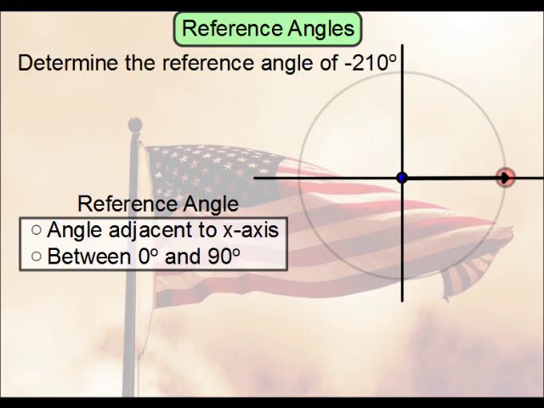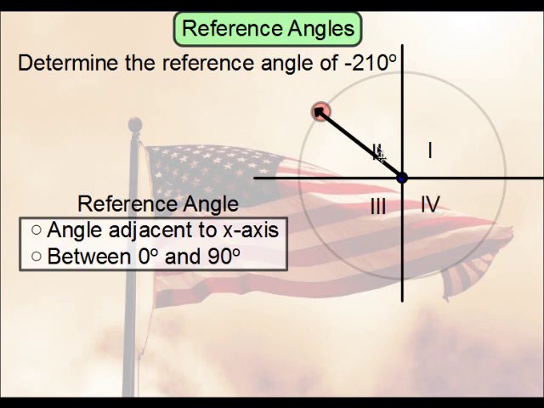Whereas if you're going to do a negative angle, like negative 210, we know we would be going in the reverse direction, but it's still the same idea in that every time you pass an axis, you've gone 90 degrees. So that puts us right here in quadrant 2. And by the way, if you don't know the numbers, there it is.